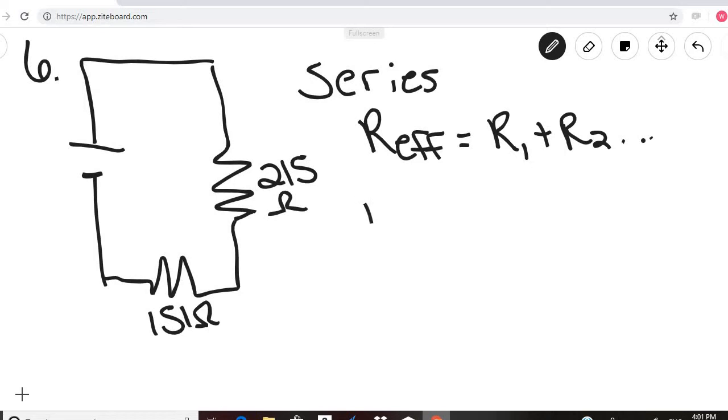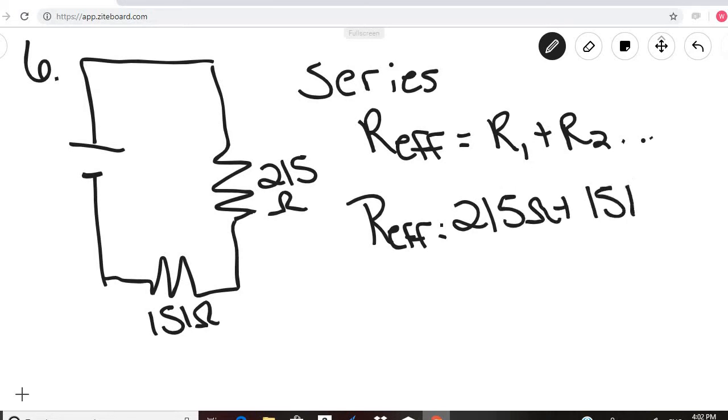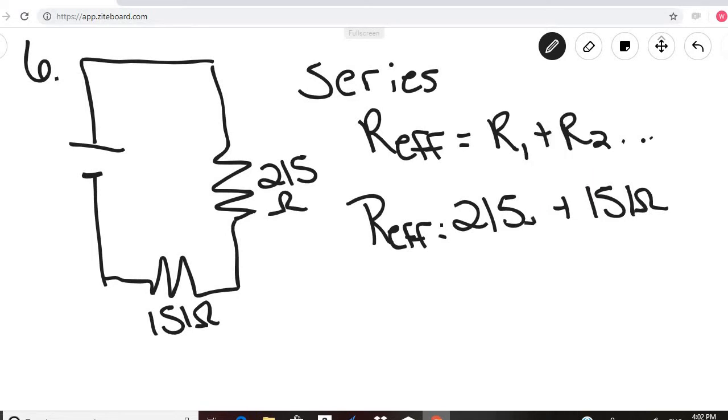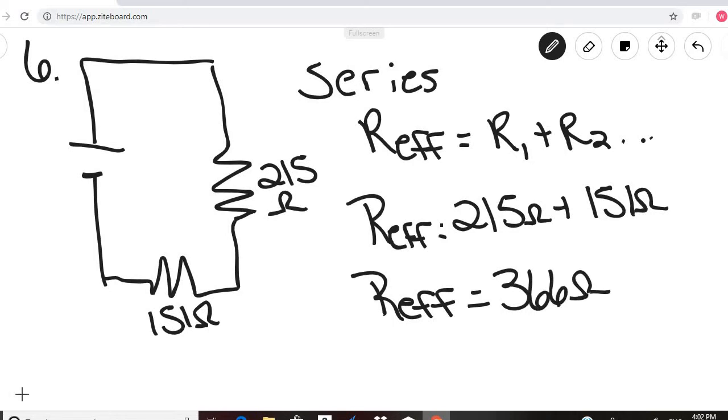So all we would do then to get the effective resistance is to add 215 ohms plus 151 ohms. So the effective resistance for these resistors in series is 366 ohms.